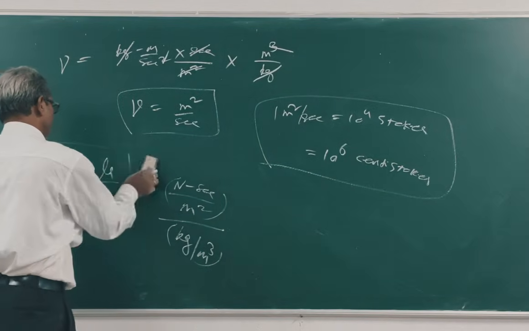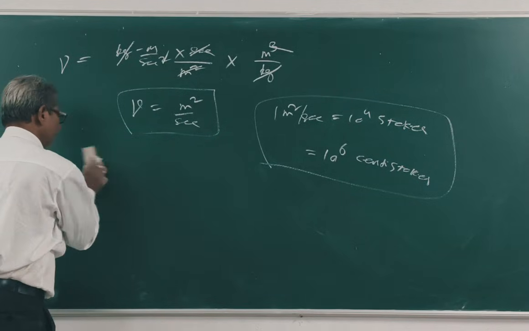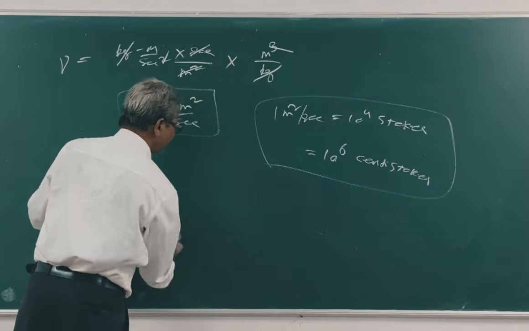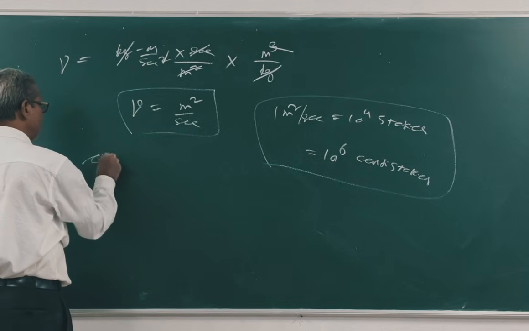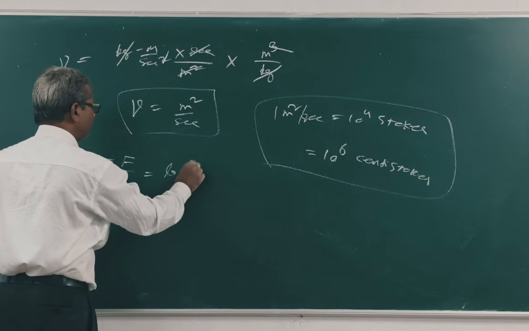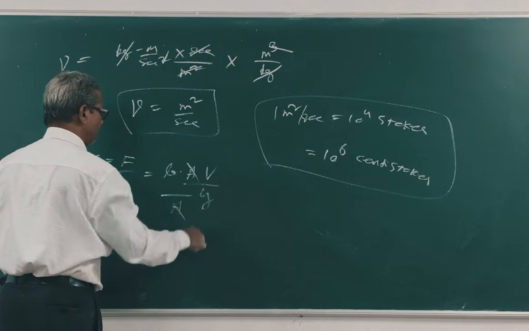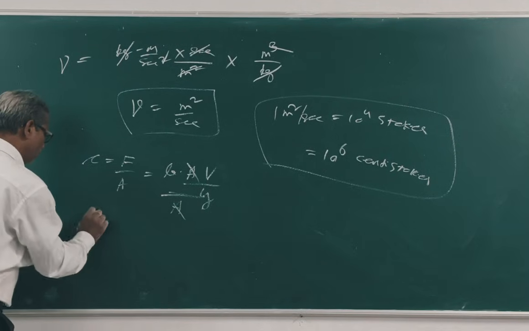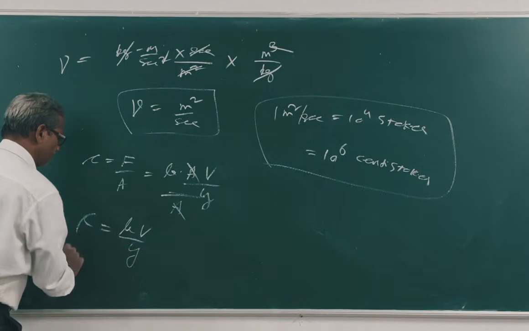So what is shear stress? Tau is equal to force by area. Clear? Mu A v by y by A, I have already given. So tau is equal to mu v by y, Newton per meter square.